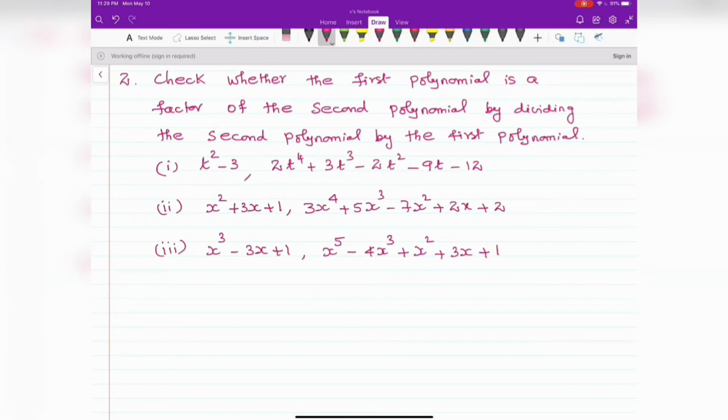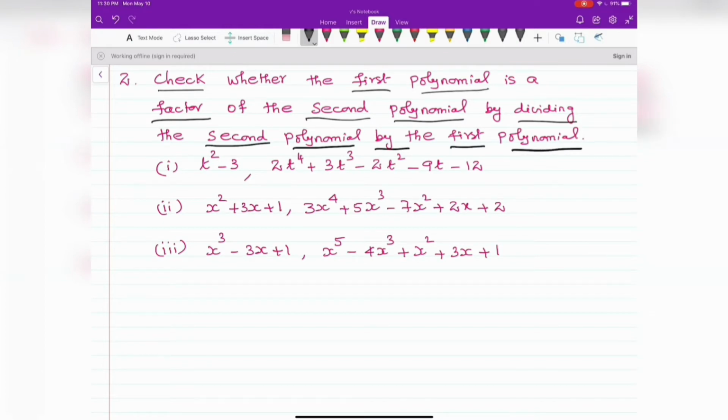Here you have to check whether the first polynomial is the factor of the second polynomial by dividing the second polynomial by the first polynomial.